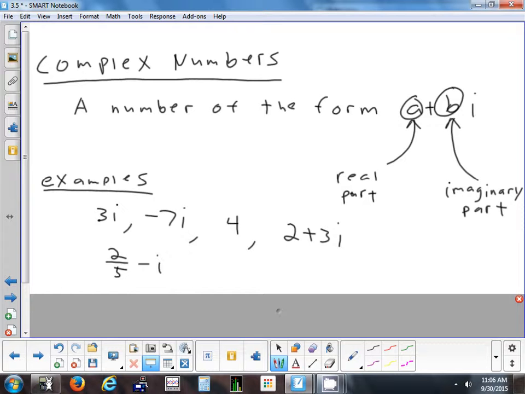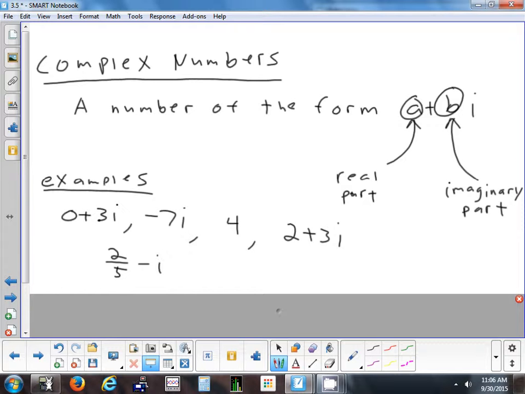If we take a look at 3i, 3 is the imaginary part. What's the real part here? You could think of it as 0 plus 3i. So if I asked you what the real part is, well, there isn't one.